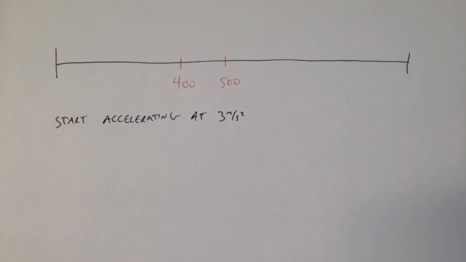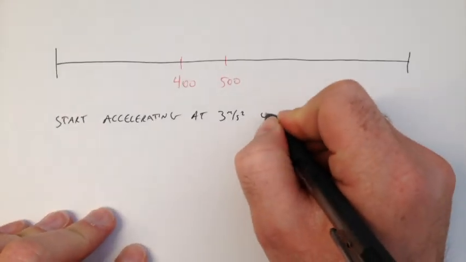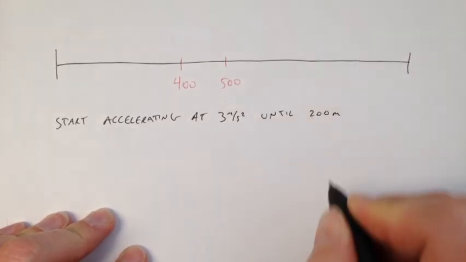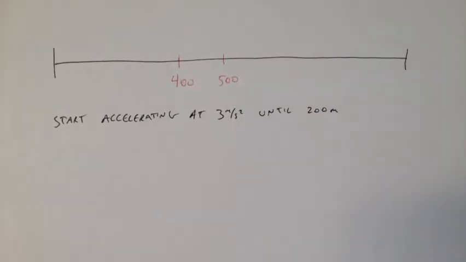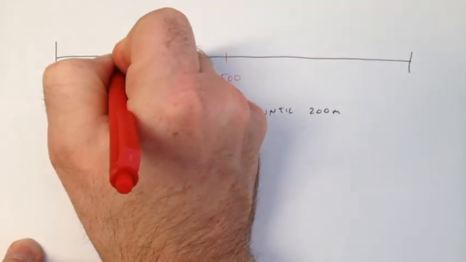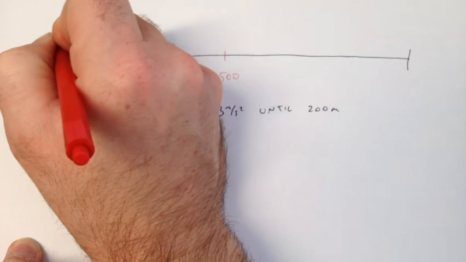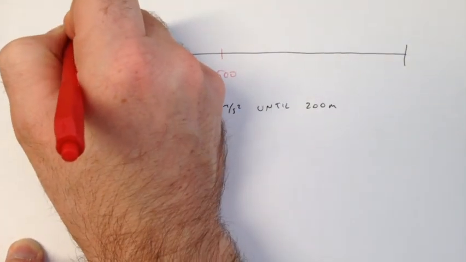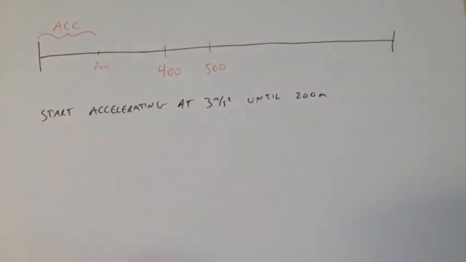So I'm going to go all the way up until 200 meters. Okay, so in this region right here, here's 200. I'm going to accelerate right there, 3 meters per second squared.